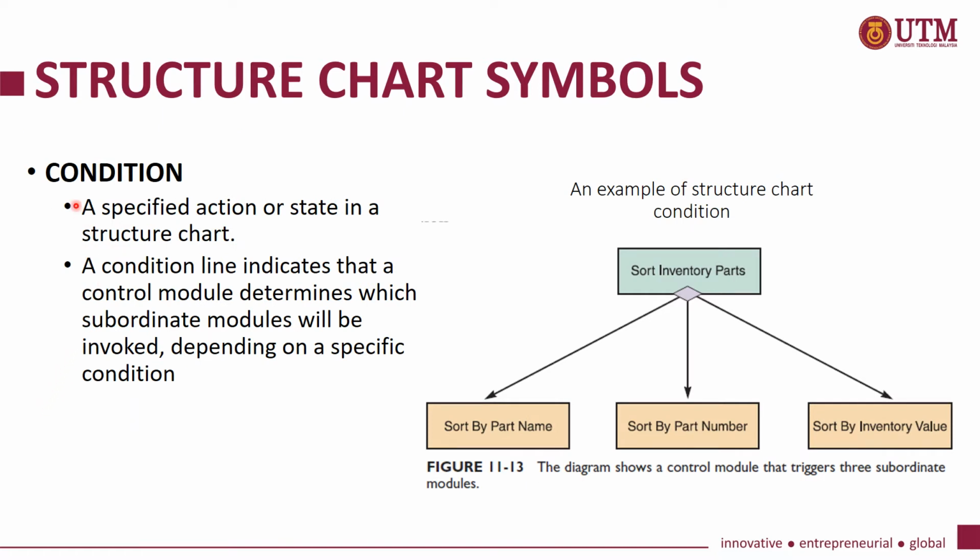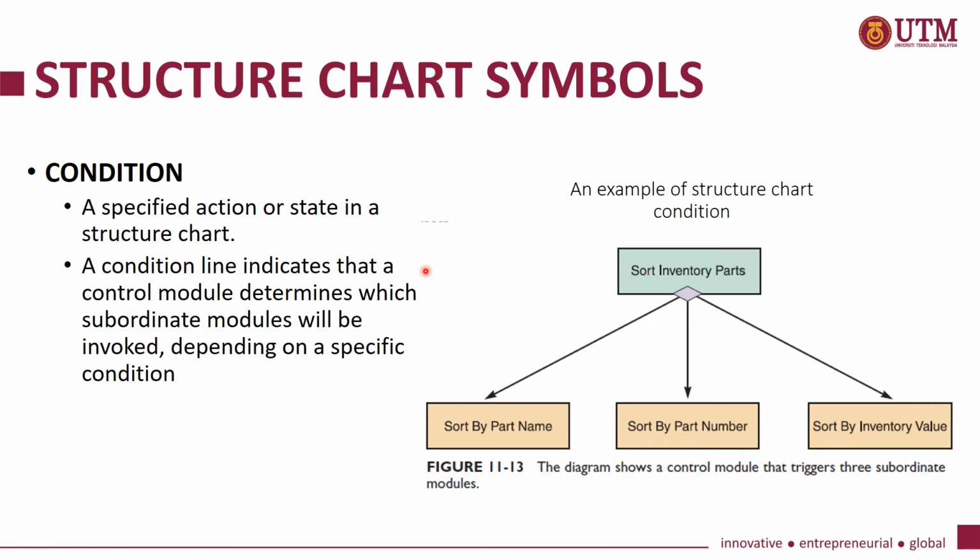Okay, next is about condition. Condition is a specified action or state in a structured chart. It is represented by a line with a diamond on one end.